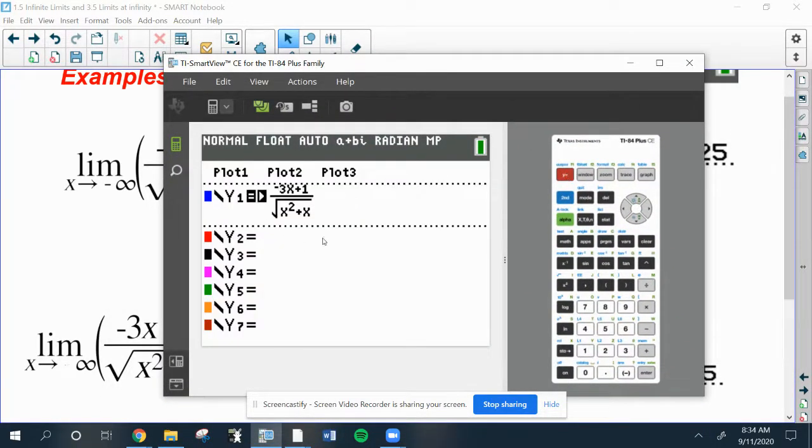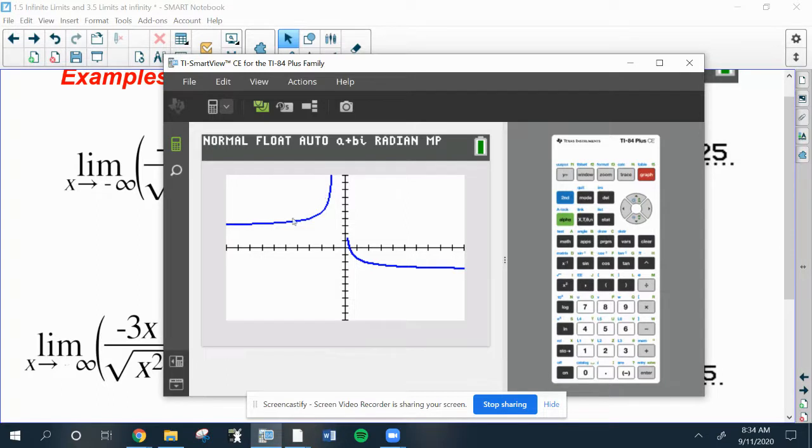So you can see I graphed it in y equals. And you can see that to negative infinity it approaches 3. To positive infinity this way it approaches negative 3.